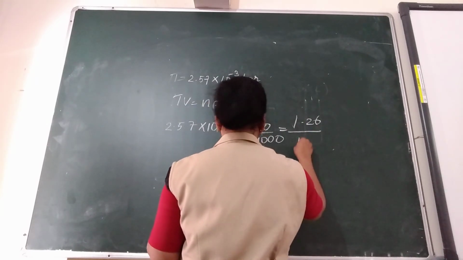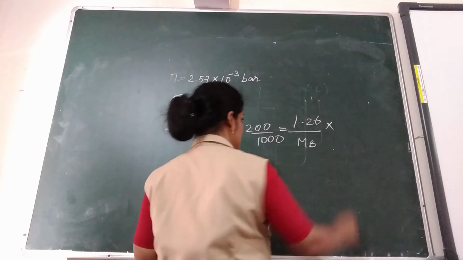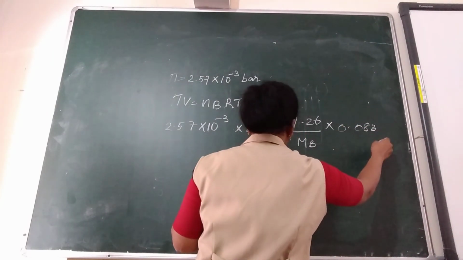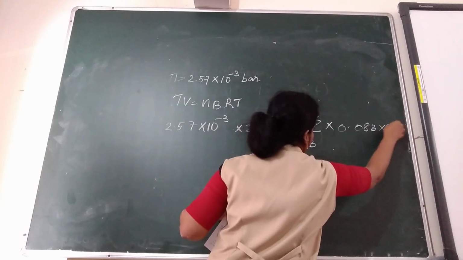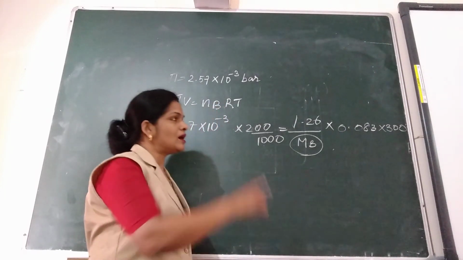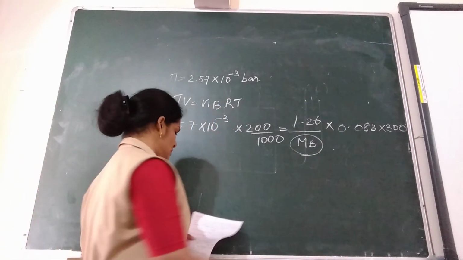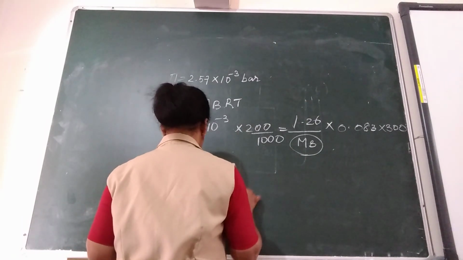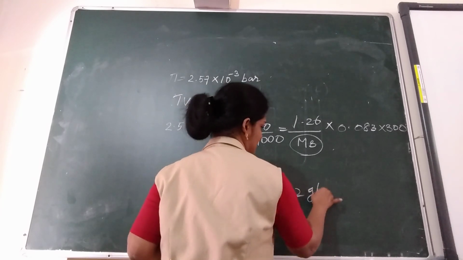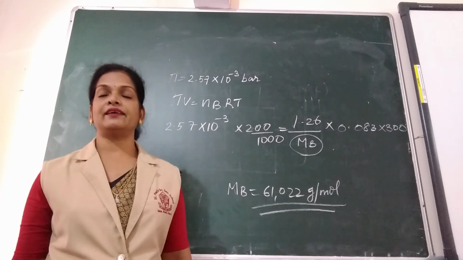R should be in bar, that is 0.083 bar into 300. So you can calculate this MB. See, R value is put in bar. Okay, do the calculation. MB you should get as 61022 grams per mole. Okay, calculate and verify the answer.